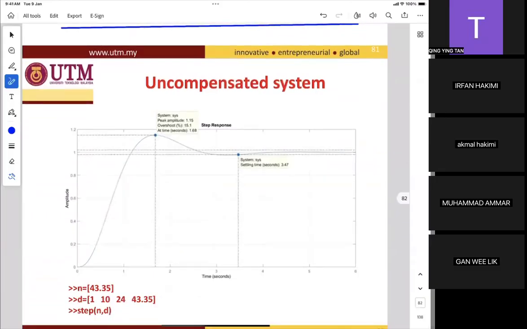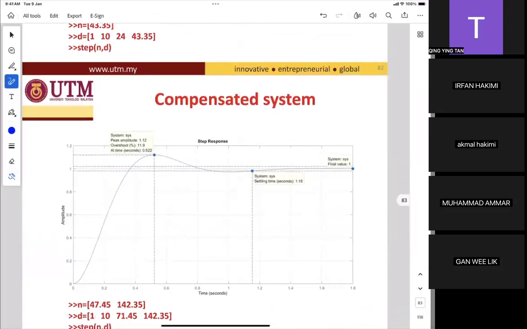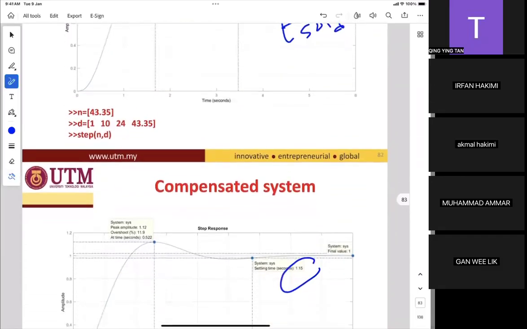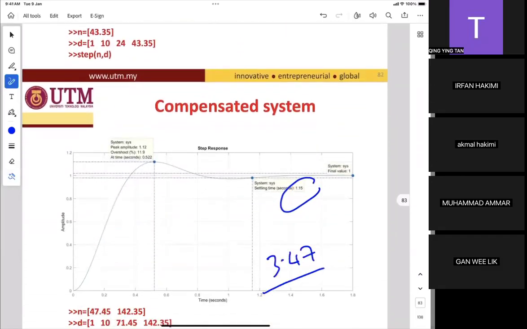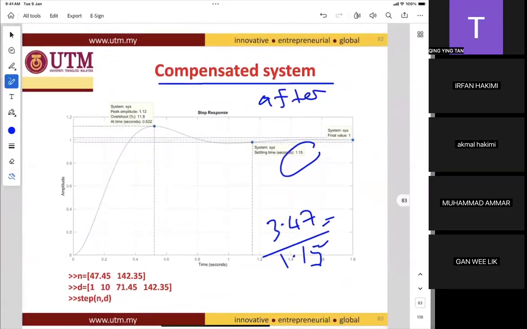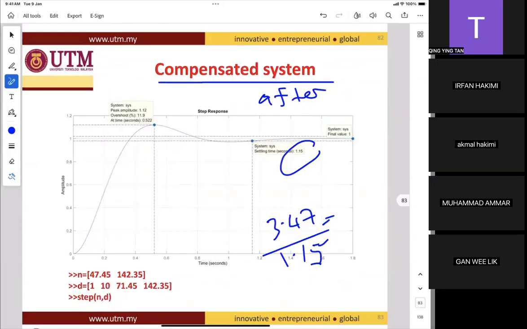So before design, the settling time was 3.47, and after compensation, we get 1.15. So the ratio is 3.47 divided by 1.15.